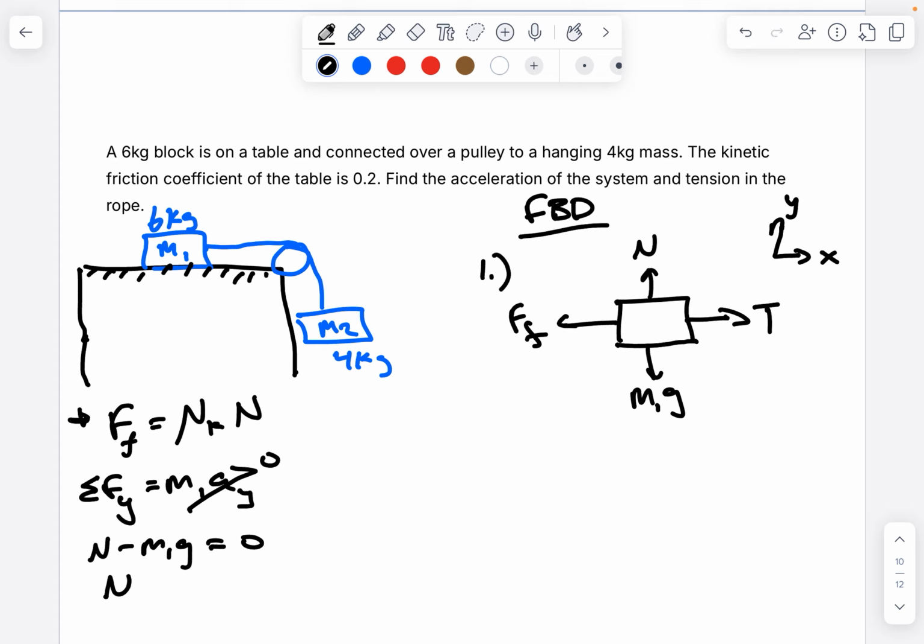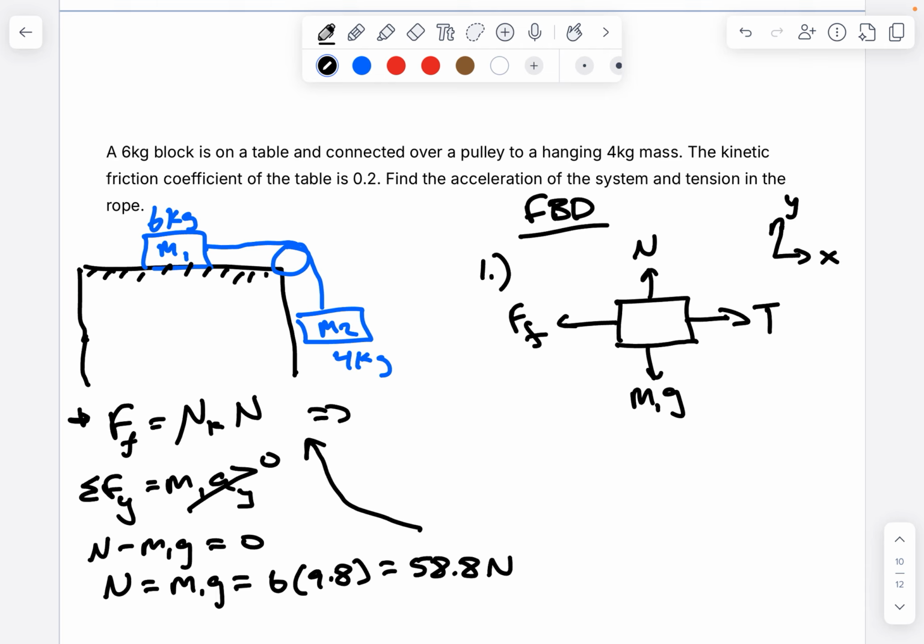So the normal force is equal to M1G, which is 6 times 9.8, which is 58.8 newtons. Putting that back in, the friction force is equal to 0.2 times 58.8, which is 11.76 newtons.